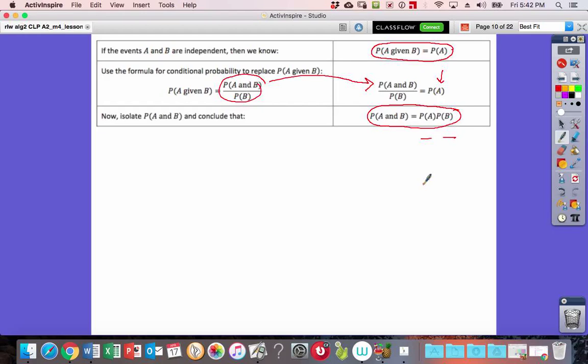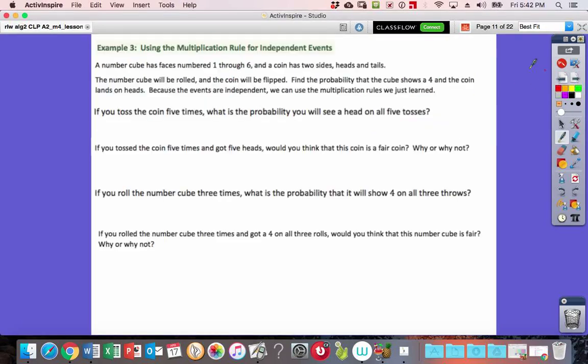And that's how we get our multiplication rule for independent events. Okay, so if you have two independent events, you could just multiply the probability of A times the probability of B. Okay, now I'm going to stop the video and we're going to use that multiplication rule for independent events in the next few examples.